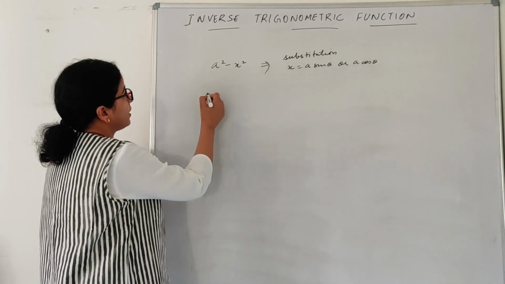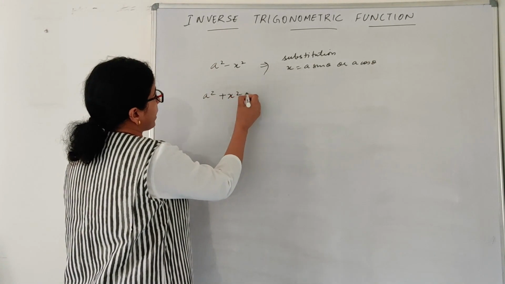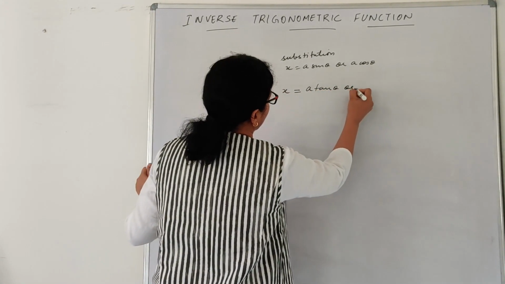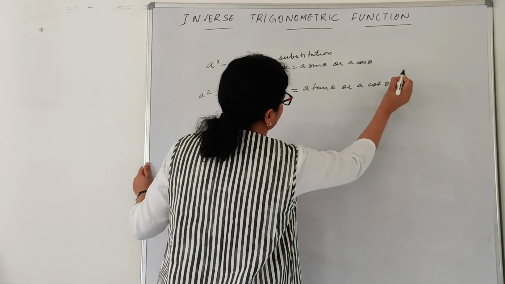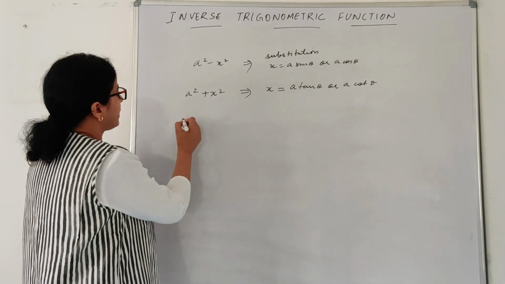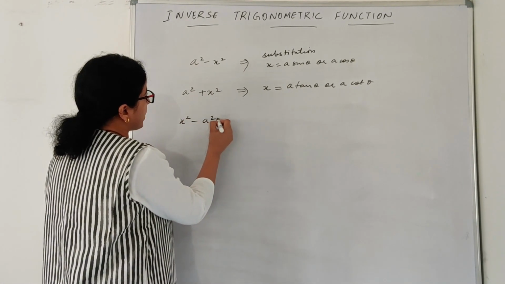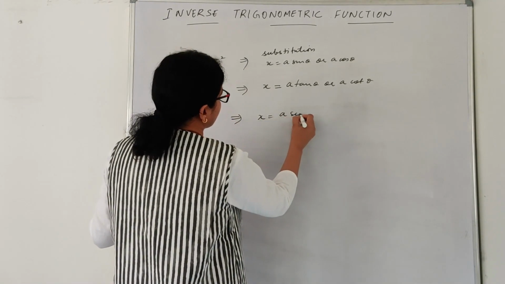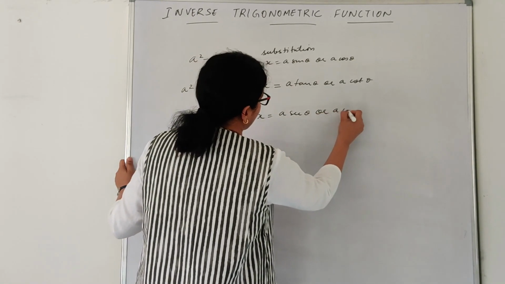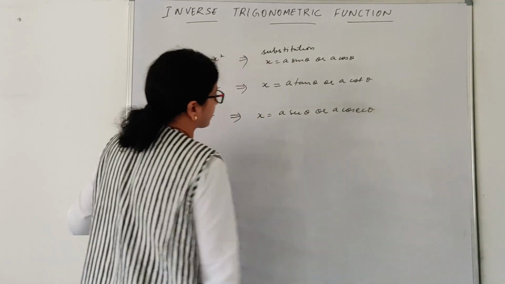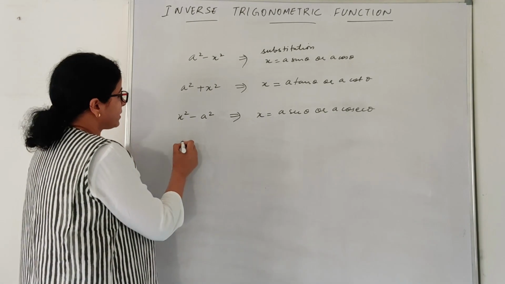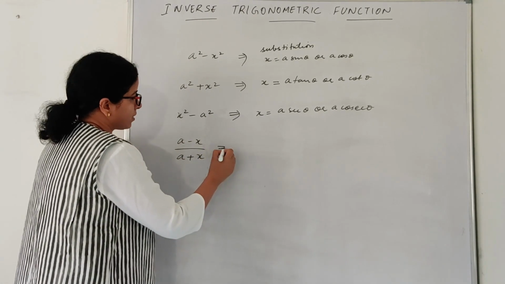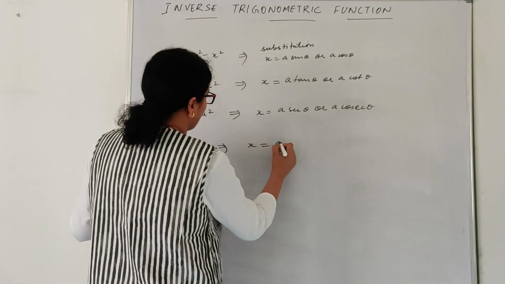Whenever it is a square plus x square, x can be replaced by a tan theta or a cot theta. If it is x square minus a square, it should be replaced by a sec theta or a cosec theta. Clear?